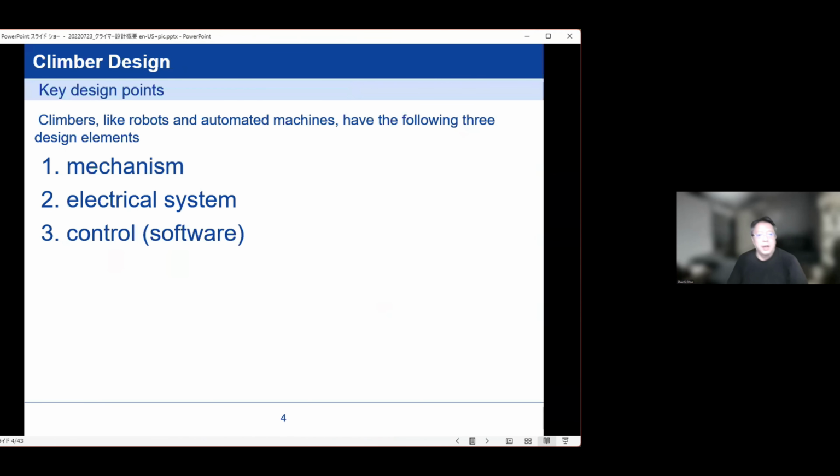Okay, and from now, it's not so fun, but I'd like to explain the space elevator matter. If someone starts building a climber, this kind of information would be necessary to start.